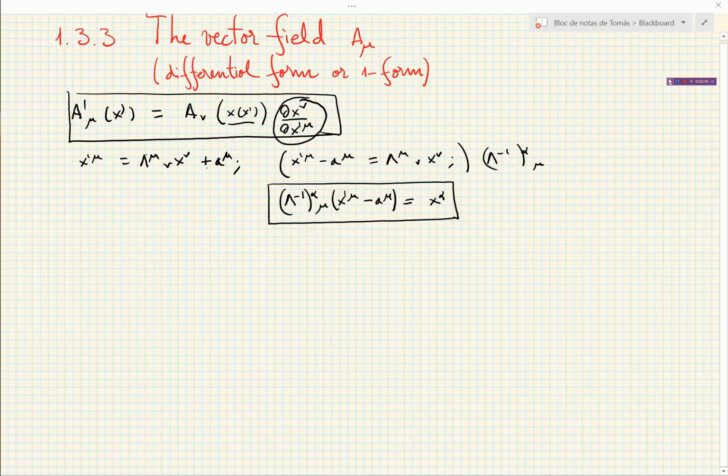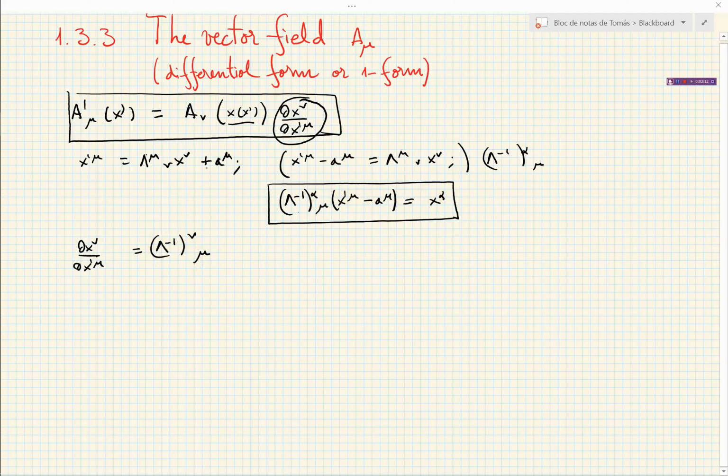Then we can compute the inverse Jacobian matrix. Since lambda is constant, a is constant, the second term that you get, lambda minus 1 a, is constant, the derivative gives you 0, and this is just lambda minus 1 mu. Here it is x alpha, so I would have to change alpha by nu in order to get this.